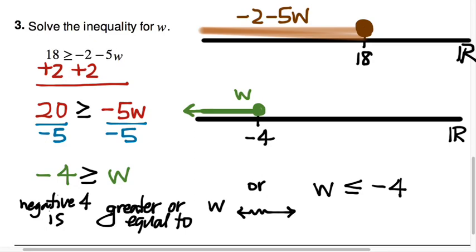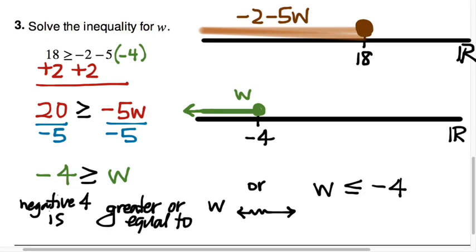Okay, so one thing I could do is pick any element which belongs to this green set. So I could pick -4, for example, and then just plug it back into this inequality and see if I get a statement which is true. So if I substitute -4 in for my w, I'm going to do that with some parentheses. Remember, anytime you're substituting for a variable, include it in some parentheses so that we don't screw anything up.